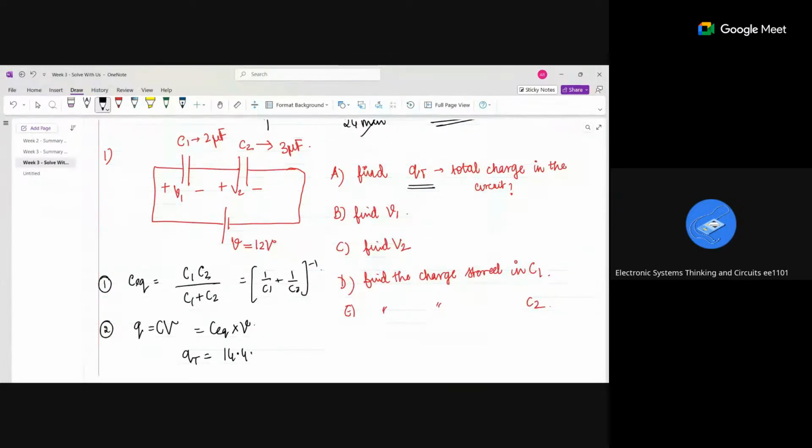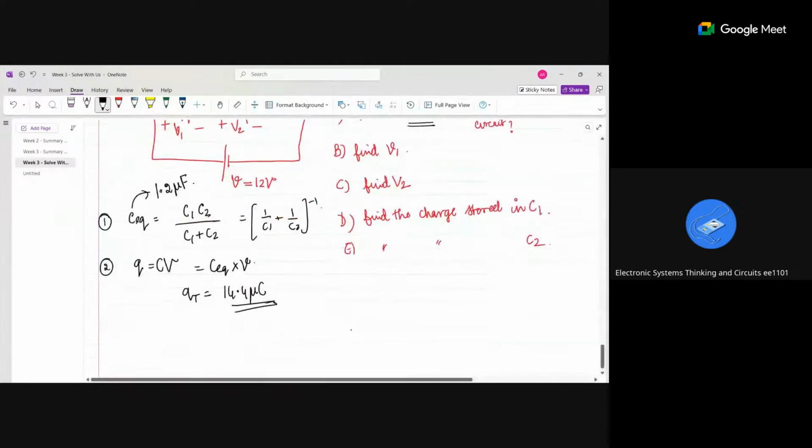Is it only coulomb or microcoulomb? Microcoulomb. Be careful with the unit.